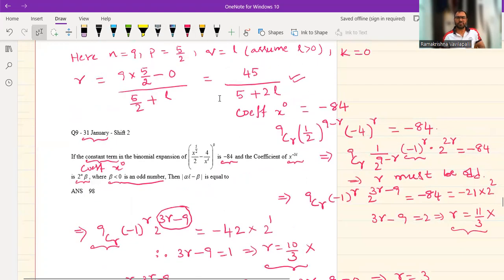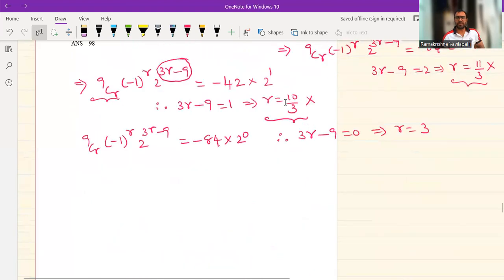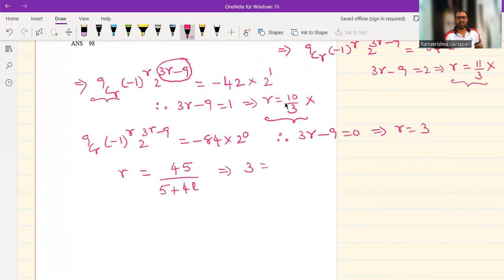So here you see, substitute here. R equal to 45 by (5 plus 4L). So this implies 3 equal to 45 by (5 plus 4L). So you will get the L value equal to 5. For L equal to 5, you will get R equal to 3.